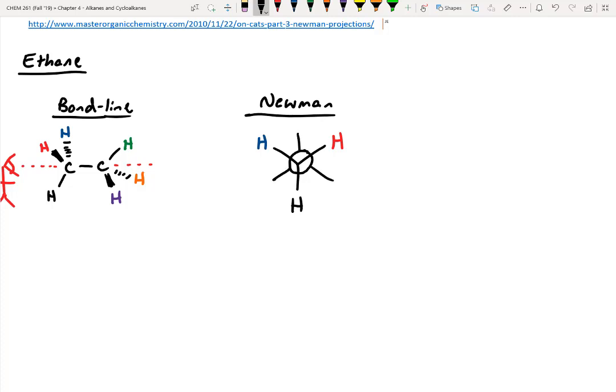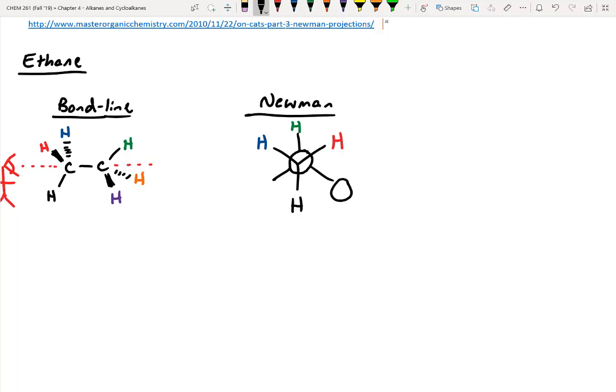What's going to be sticking straight up in the back? The green proton. Now the trickier part. What's going to be on this side now? Is it going to be purple or orange? Let's think about it, right?